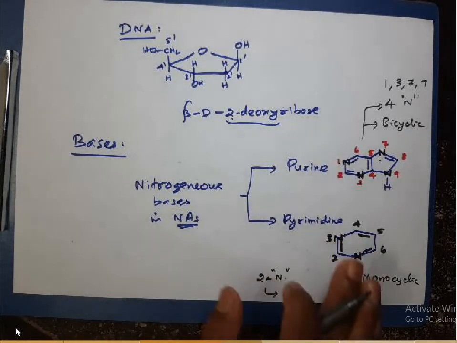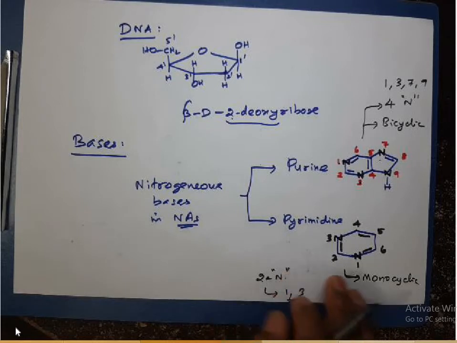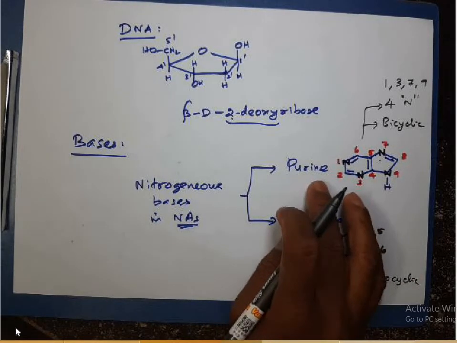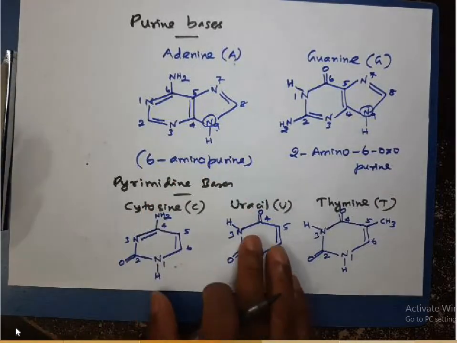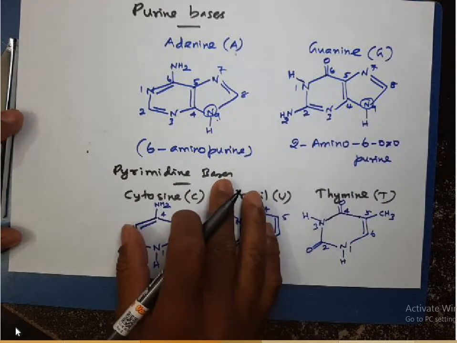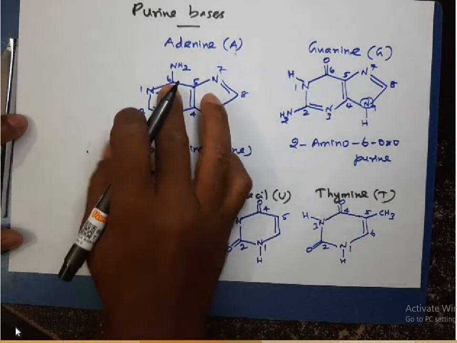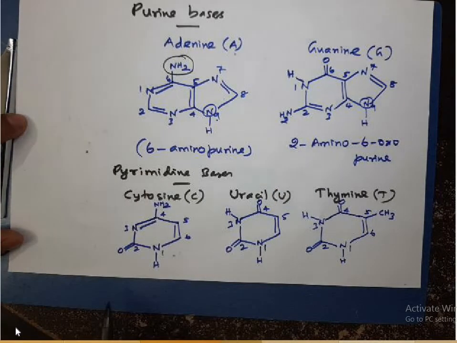We have purine bases and pyrimidine bases. First, let's start with the purine bases. I have kept the basic structure as such. What I did here is just introduce one amino group at position number 6.